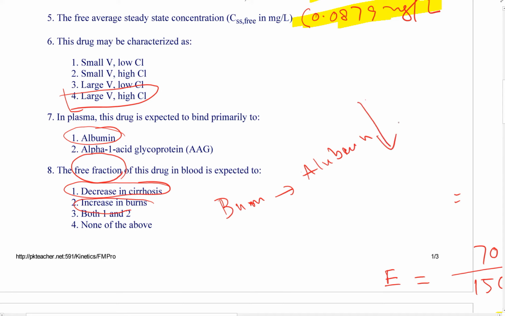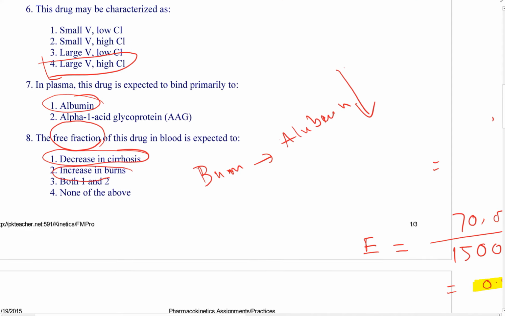So when albumin concentration goes down, free drug concentration is going to increase. In the case of liver cirrhosis, free drug concentration should also increase, it cannot decrease, because in cirrhosis albumin will go down. So free drug concentration should increase.